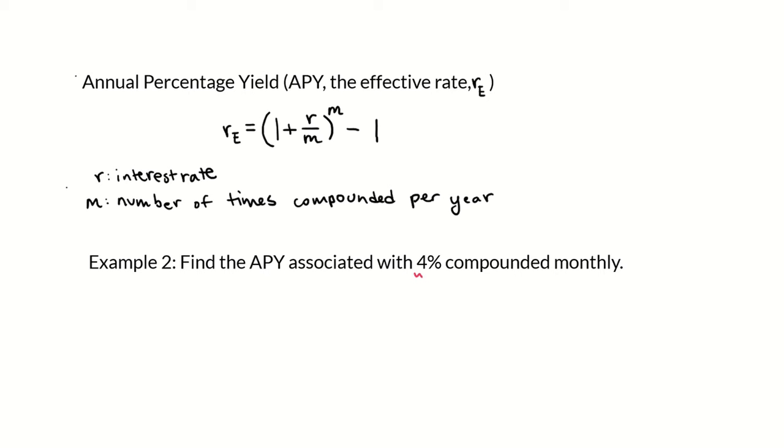So example 2, find the APY associated with 4% compounded monthly. The 4% means that the rate R is 0.04. Compounded monthly means 12 times per year, so M is equal to 12.